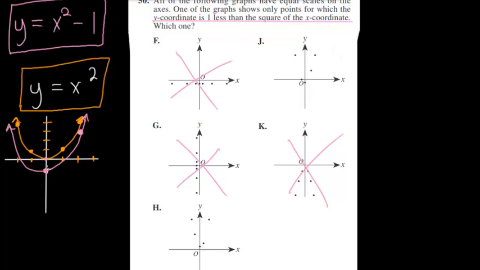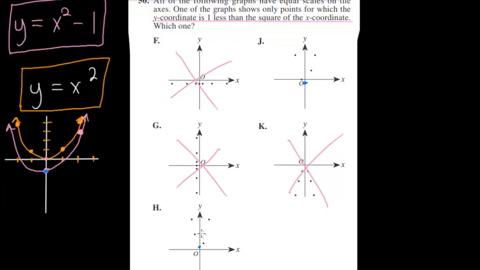But we're expecting to see a vertex down here at this -1. And you can see that here, since we have a point right there. But on this one, no points go below the x-axis. And the point on the y-axis is at a +1, which we wouldn't see on our graph, since our graph is only going to cross the y-axis one time and it's going to cross at this -1.